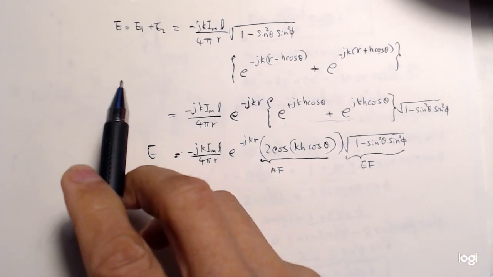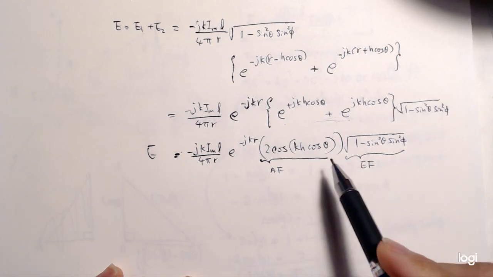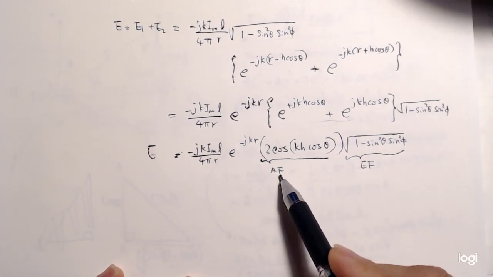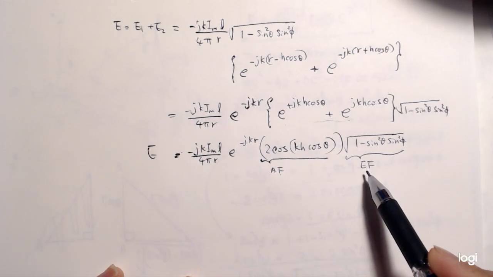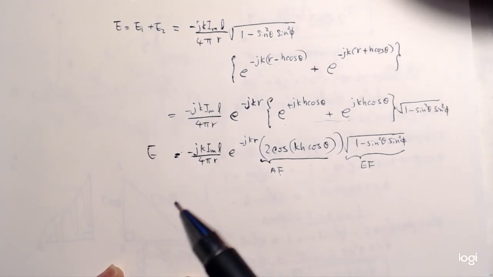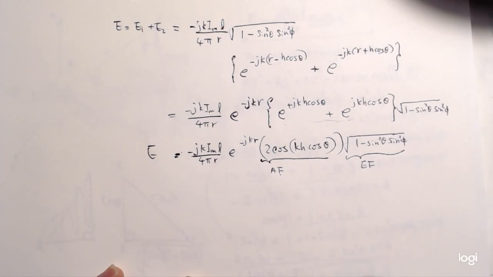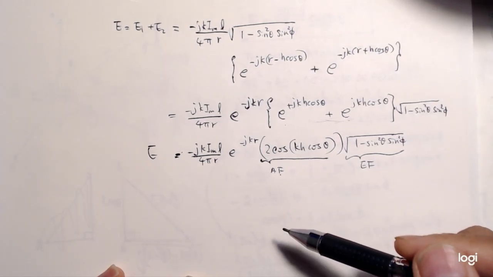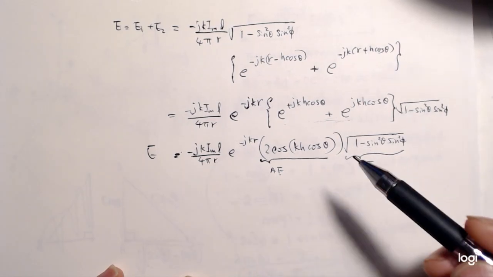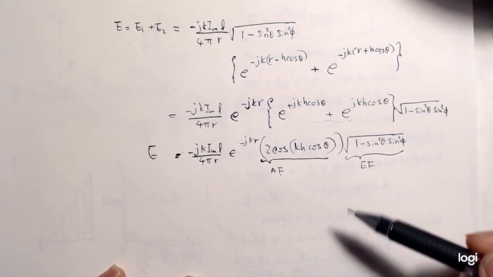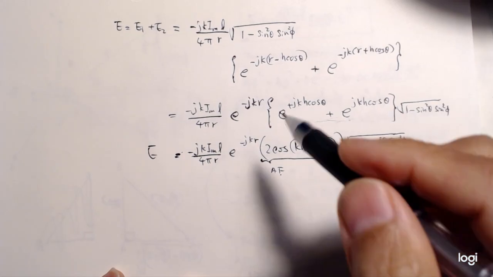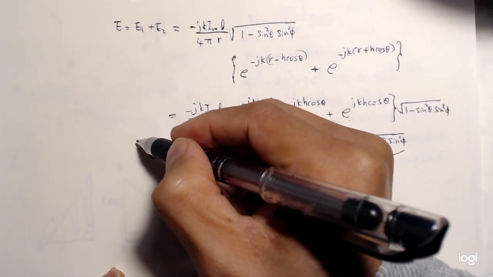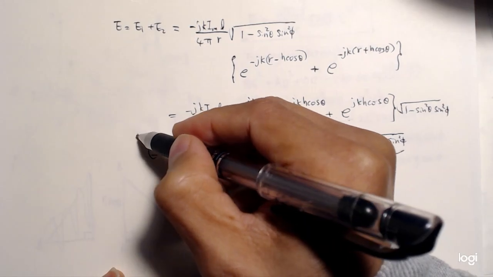For this scenario, we expect both the array vector and the element vector will contribute to the far field, to the shape of the beam. So basically, this is the solution to the question.